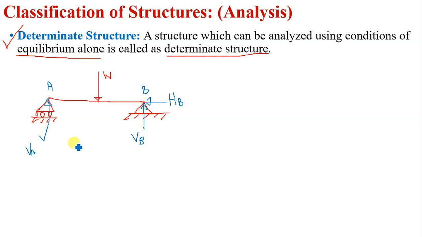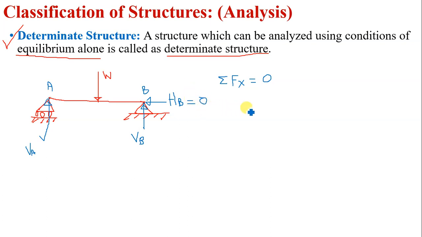So there are three unknown reactions. Now this problem can be solved using three conditions of equilibrium alone. The first condition is summation Fx is equal to 0. If you apply this condition, you will have the answer HB is equal to 0, because there is no load acting in the horizontal direction.